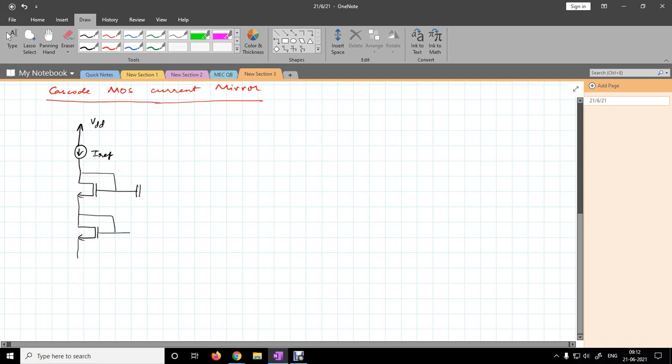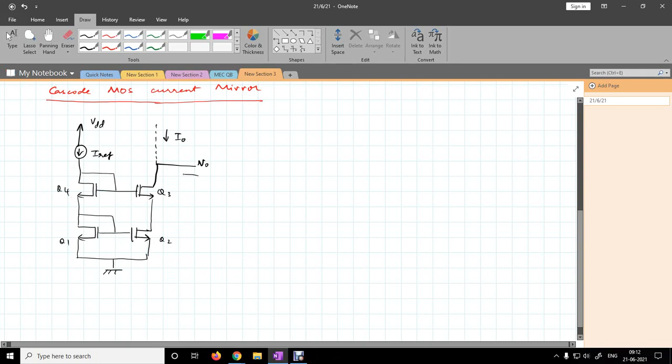So here I have another MOSFET, both of them are grounded. This one goes like this, this one goes to V0, and this is I0. I'll call these Q1, Q2, Q3 and Q4.